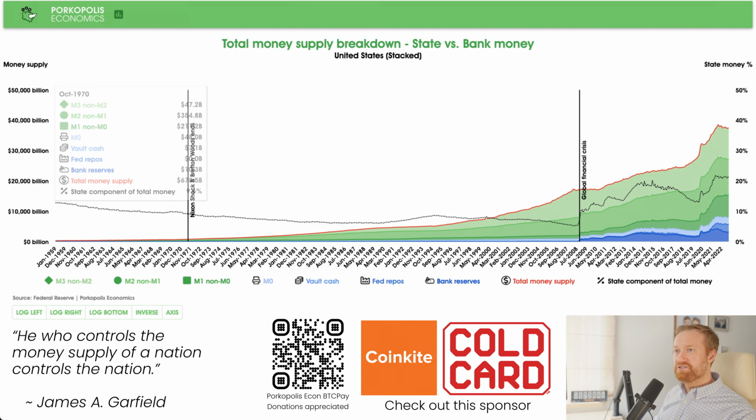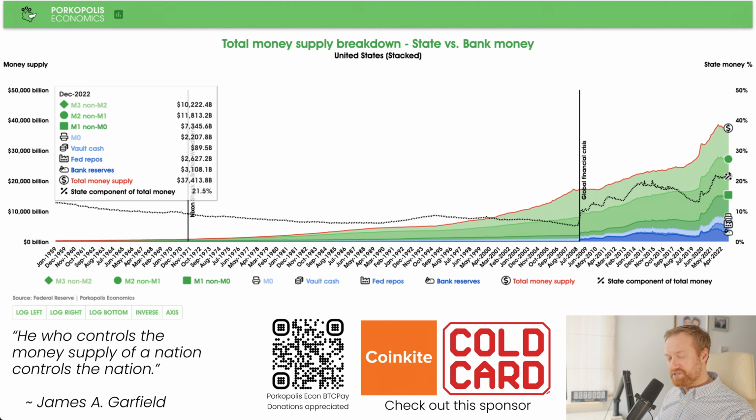I have a few figures just to show you, just to kind of think about this in an interesting way. So I'll just leave the tooltip up. You can see the total money supply there, $37.4 trillion at the moment, at the end of December. And the ratio is 21.5%. And the total state money, which you don't see there, but add up everything in blue, it's about $8 trillion exactly.